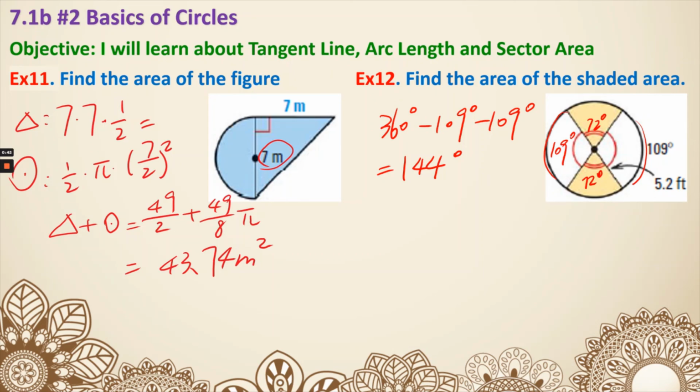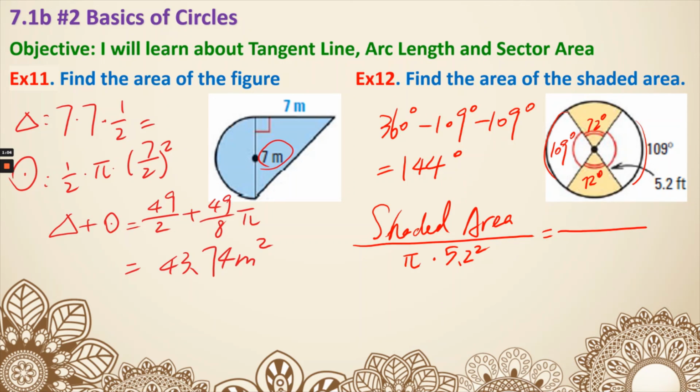But we don't have to separate them because we're calculating the shaded area altogether, and that is inside a circle. So we can say shaded area compared to the whole circle, which is pi, my r is 5.2, so times 5.2 squared. That is the same as the angle of the shaded area, 144 degrees, over the whole circle, 360 degrees.